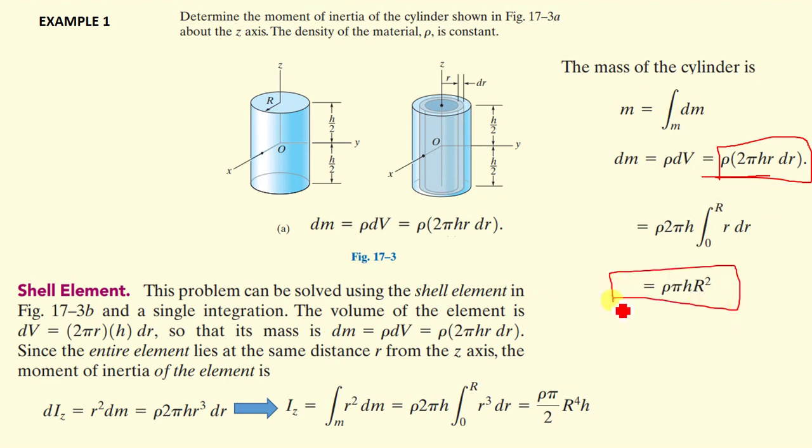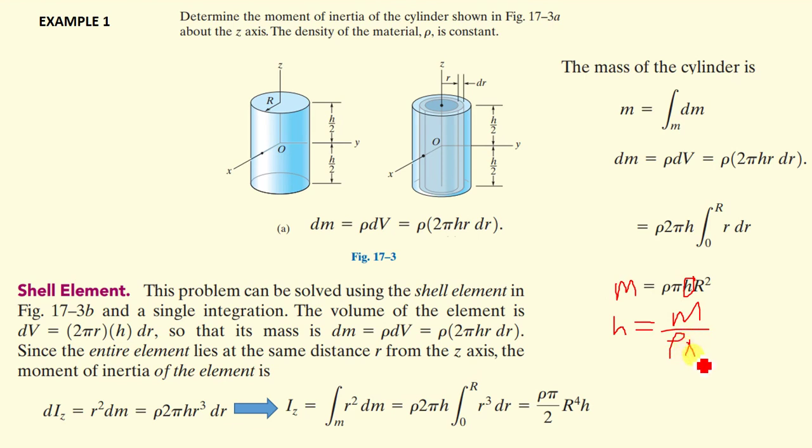So having found this, meaning this is your mass, in this expression you can now make h the subject of the formula. So when you make h the subject of the formula, you are going to have h is equal to m over rho pi r squared.